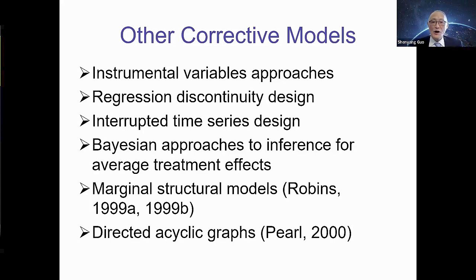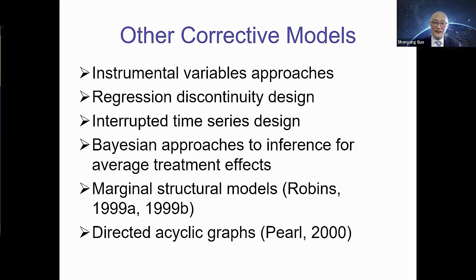We could also run regression discontinuity design. Imbens wrote several papers on that topic. That is also a great extension of the classical regression model. We could also do interrupted time series design. We could also use the Bayesian approach.